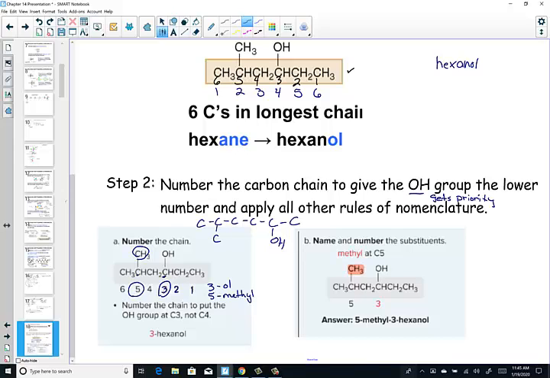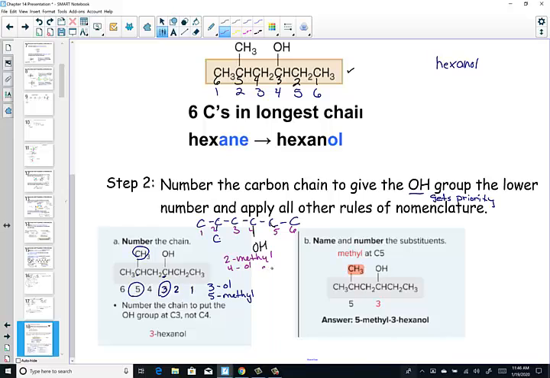Alrighty, so that's what I have right now. But I get it. Look at, if I numbered 1, 2, 3, 4, 5, 6, I put the alcohol in the wrong spot, didn't I? If I go back to numbering from left to right, I would have the methyl on carbon 2, and I'd have the hydroxyl on carbon 4. So what's correct?